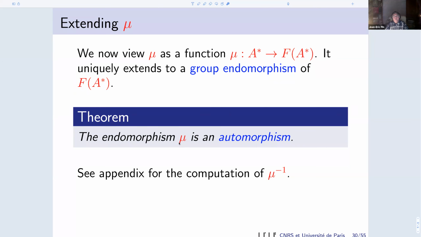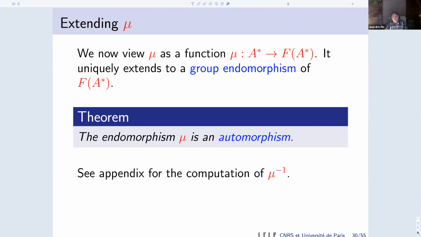And it turns out that this endomorphism is an automorphism. I put the computation of mu minus 1 as an appendix. So it's not properly in my slides, but if you ask me, I have some slides ready to answer a question on that.